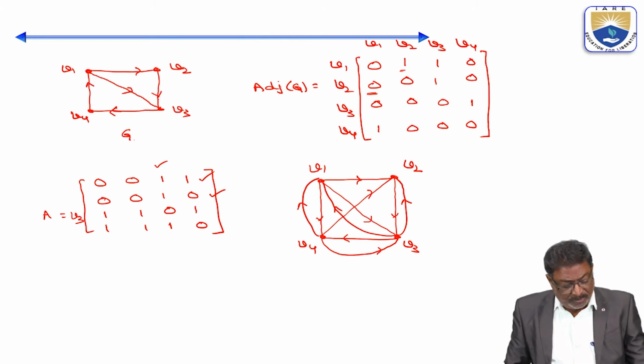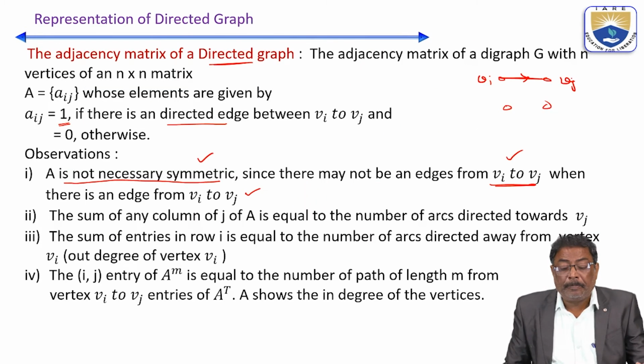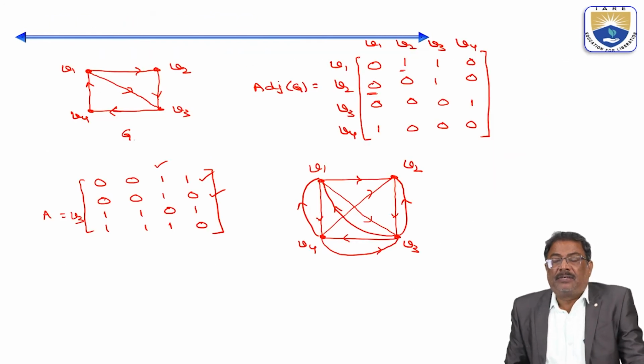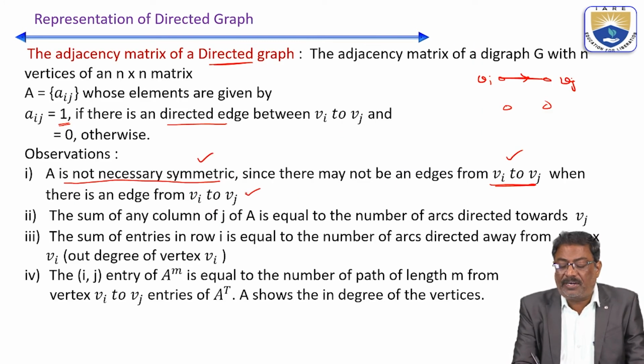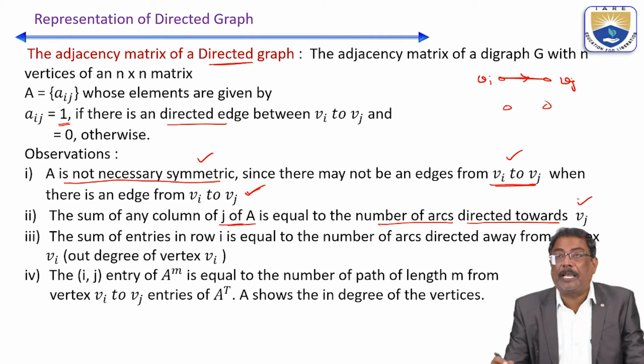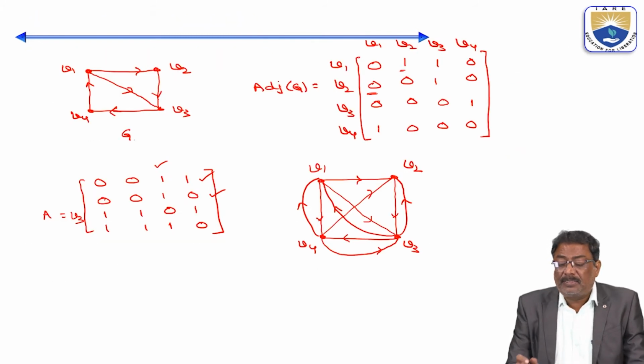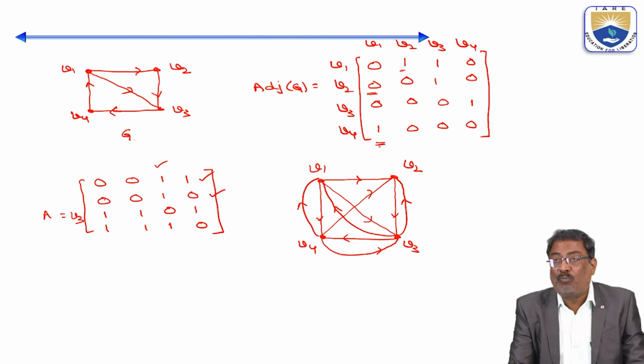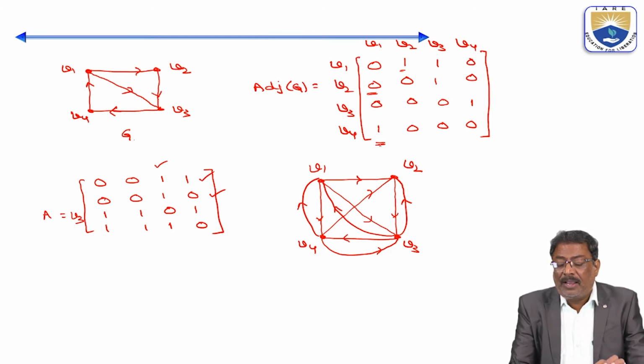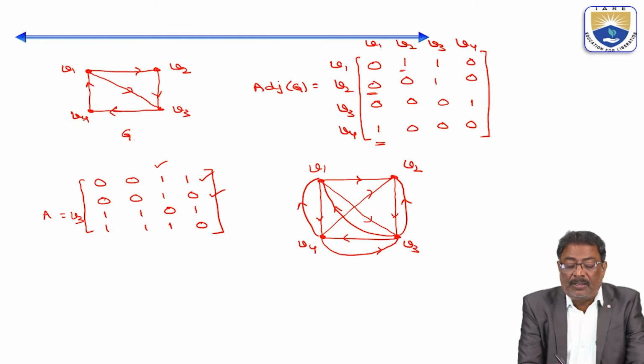Whenever we find this adjacency matrix and the corresponding graph, there are some observations we already discussed. The sum of any column of A equals the number of arcs directed towards Vj. If we consider any column here, the column is 1, so one directed edge goes to the vertex V1.